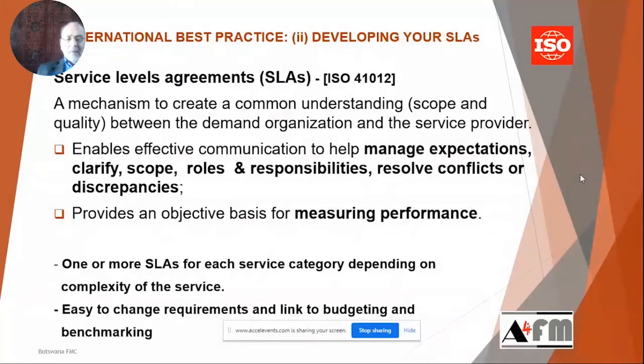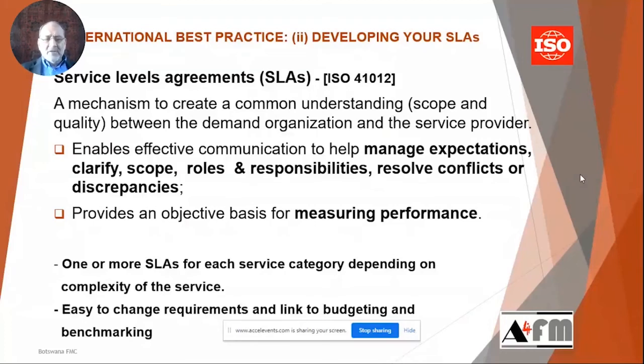So further to that definition that is provided in the standard, it clearly indicates there may be one or more service level agreements for each service category depending on the complexity of the service. So if you've got one contract with a provider, at least there have to be specifications in terms of this standard for what goes on with cleaning, catering, security, building maintenance, and so on and so forth.